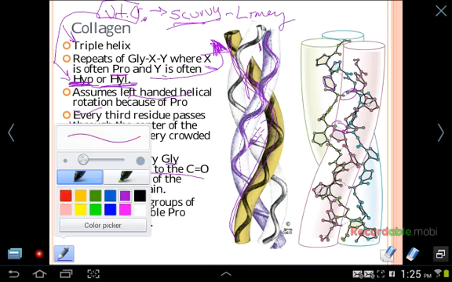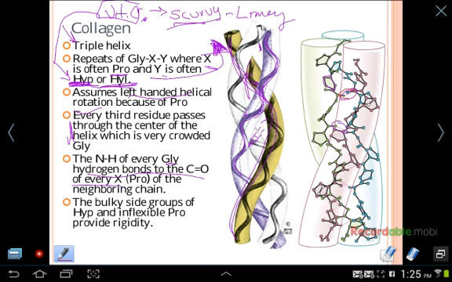I'm going to switch back to red because I think that's a little easier to see. So here we have the carboxyl group of glycine hydrogen bonding with the proline of a nearby chain in the helix, further structurally stabilizing collagen.